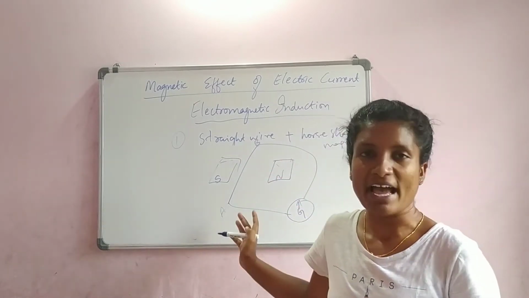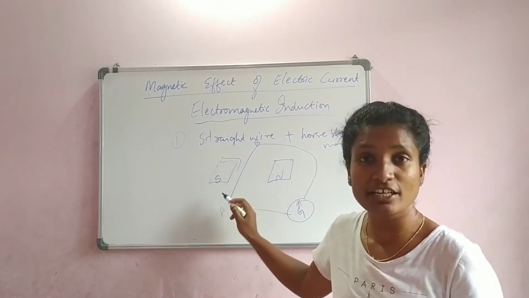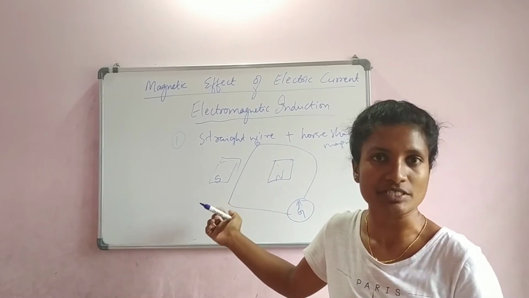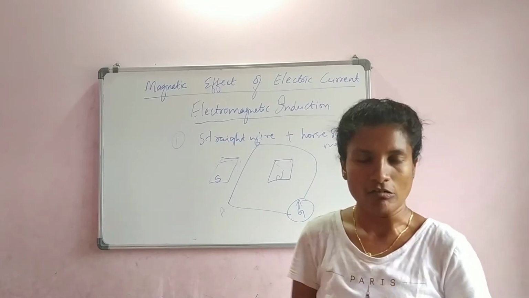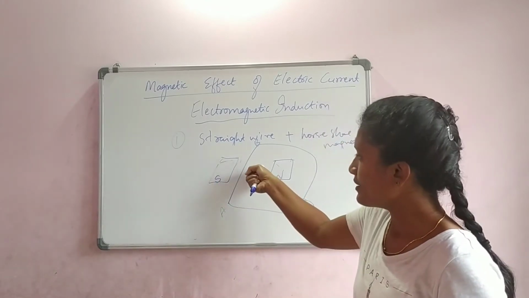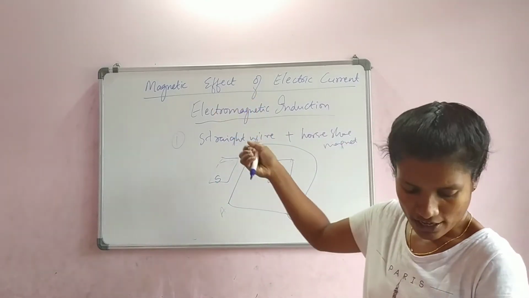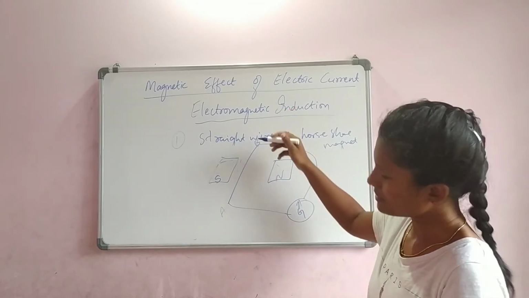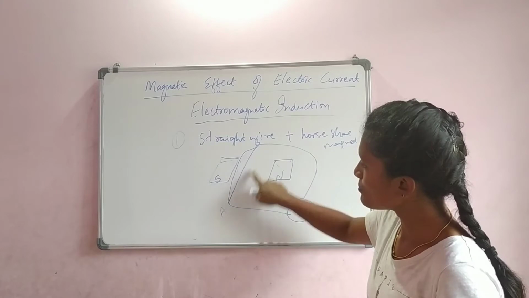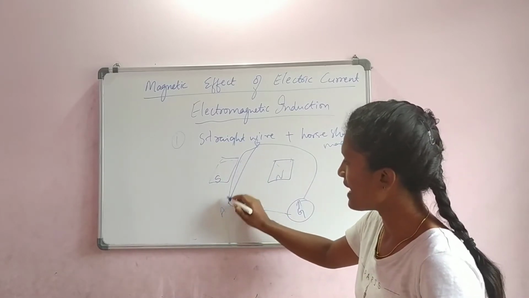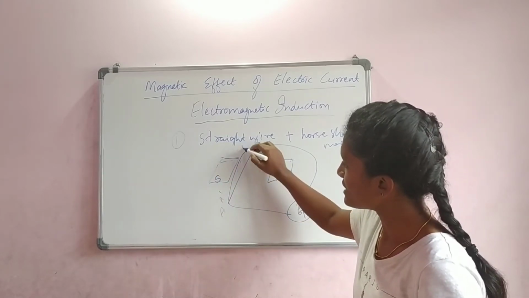since there are two magnets, there is a mechanical force acting on a conductor, which we studied yesterday. Now start pulling the wire upwards. If you pull the wire upwards, what happens? Let us say the wire comes from this position AB to this position A dash B dash.